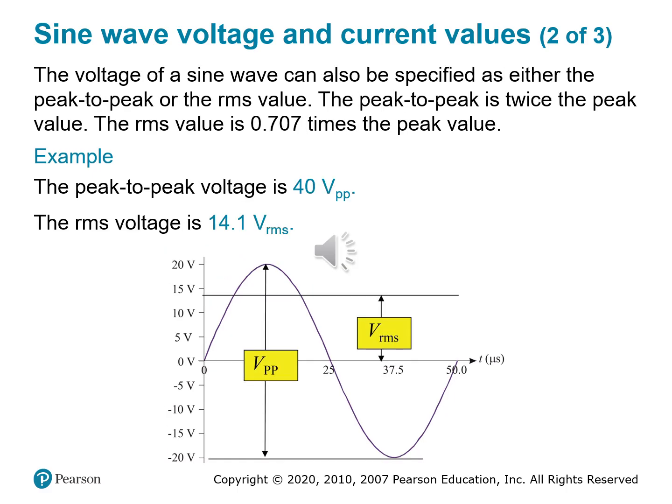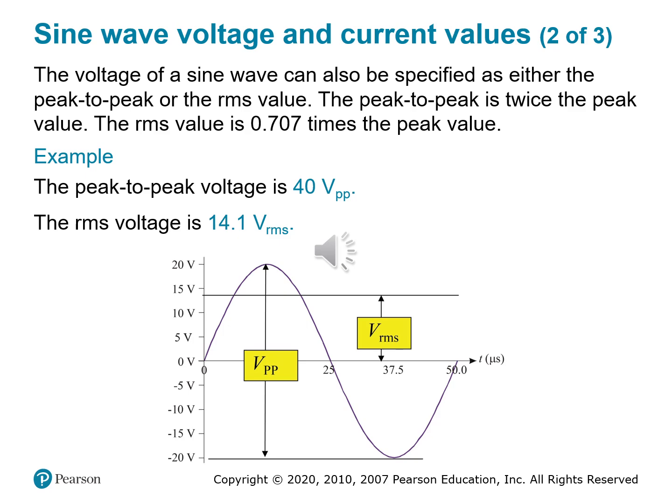Okay, let's go one step further, beyond the peak. We have peak-to-peak voltage and RMS voltage. RMS just stands for root mean squared voltage. And peak-to-peak, I kind of described before. We talked about V sub P, the peak voltage, but a sine wave has more than one way to describe its strength. We can say peak-to-peak voltage, which is the total swing of the waveform from its maximum positive value to its maximum negative value.